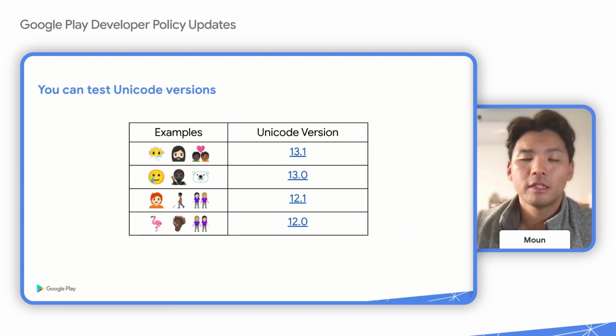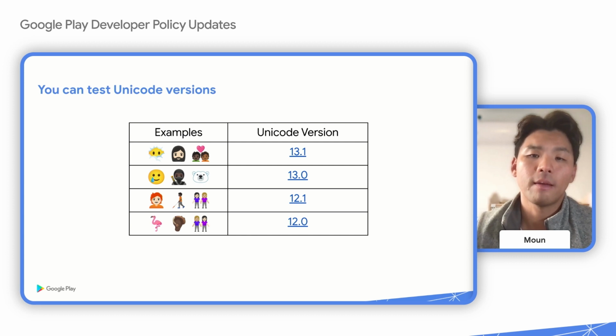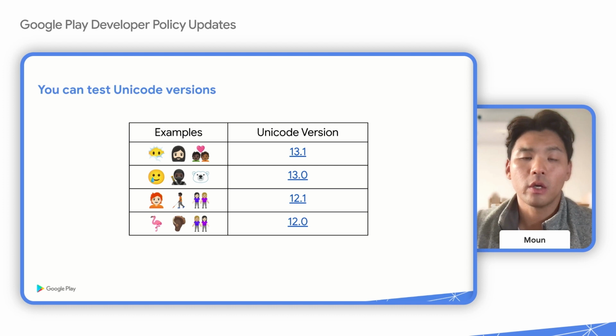You can check the Policy Center for more about those options and additional resources. For example, we have a set of emoji examples shown here that you can use to test if your app is compliant with the latest Unicode version of emojis. If the emojis from the table don't show up correctly in your app, then you may be running an older version of the listed Unicode.